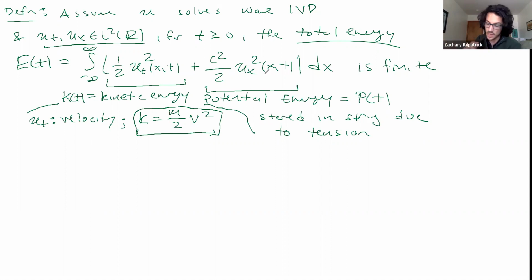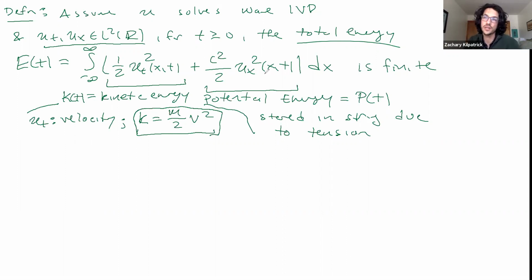And so in order to prove that this energy is conserved, that whatever energy is stored up as tension gets converted into kinetic energy, we can show that this quantity is going to stay constant, okay? So in order to prove conservation of energy, what do we need to show? We just need to show that E of t is going to be constant for all time. And we can use the PDE itself to do that, okay?